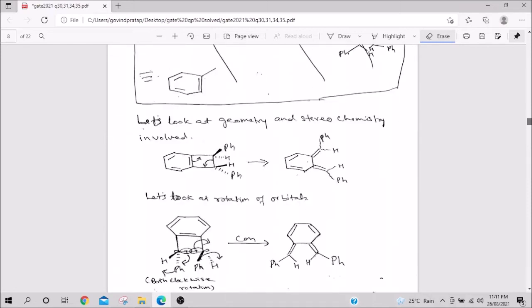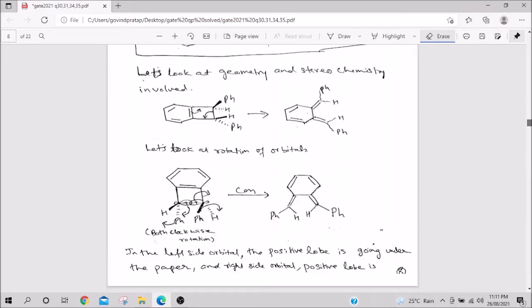Now, let us look at the geometry and stereochemistry of the product involved. You have this, and it rotates in a conrotatory manner. Basically a sigma bond is there, with plus and plus. Conrotation means both rotate in the same direction, either clockwise or anticlockwise.